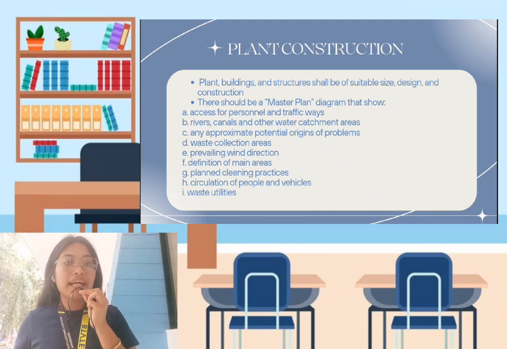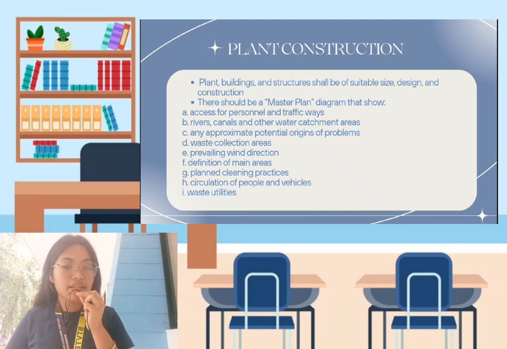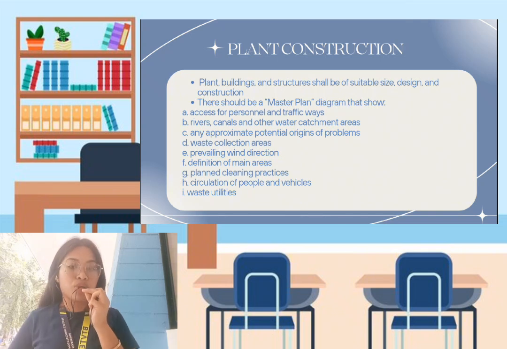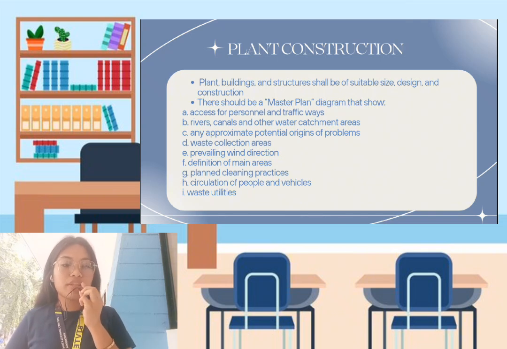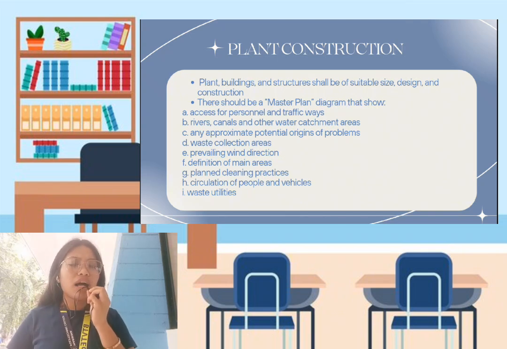The master plan diagram shows the building outline, the production areas, and the service areas, as well as the surroundings. Dito check din nila yung ano-ano yung mga water catchment areas, the waste collection kagaya ng rivers or canals, access ng personnel, included dito yung coming in and outgoing of the raw material.